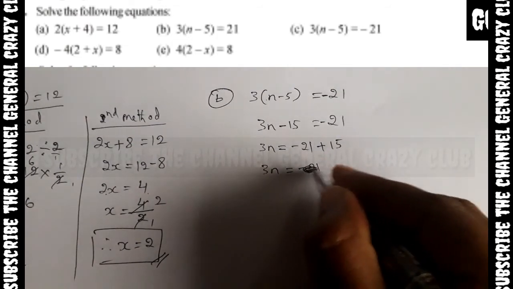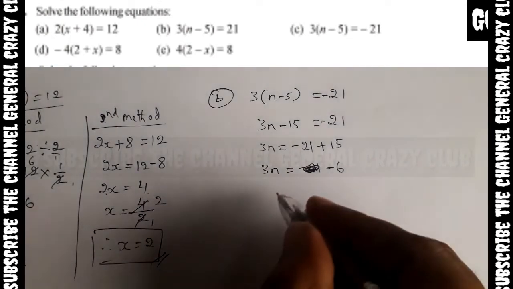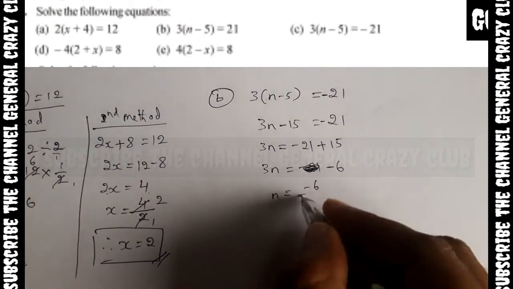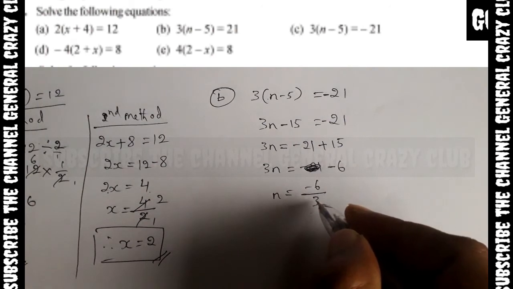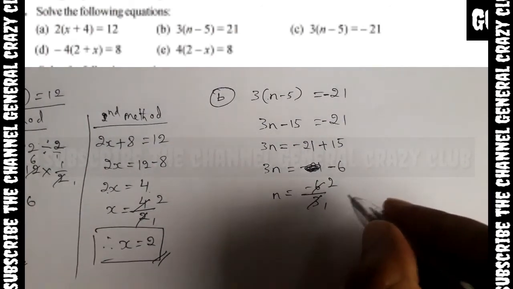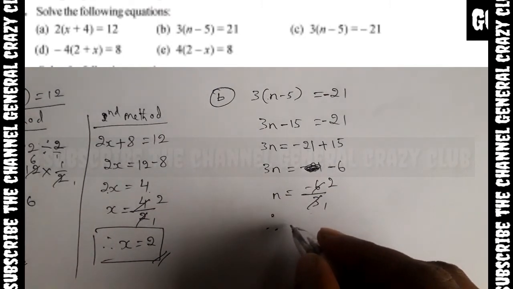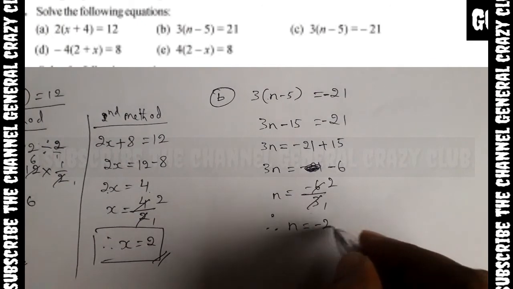What is the answer? Minus 6. n is equal to minus 6 divided by 3. 3 twos are 6. Therefore n is equal to minus 2.